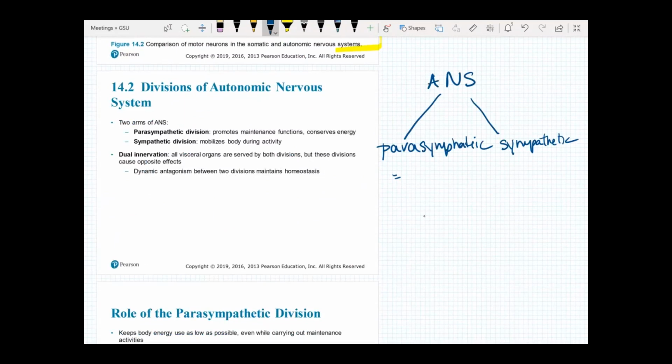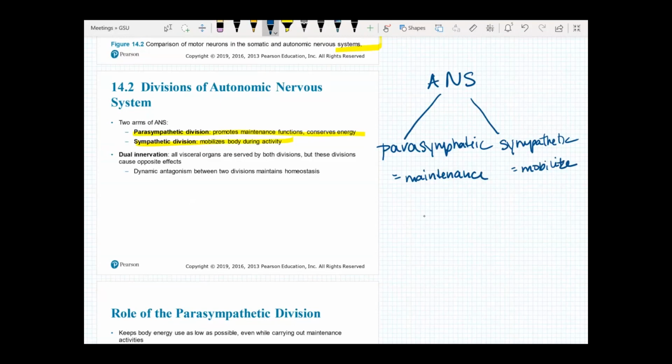This is where we will just have our regular functions. We're going to conserve energy. It's our maintenance mode. Whereas with our sympathetic nervous system, we're actually going to create some sort of activity, and we're going to mobilize the body if we need to.